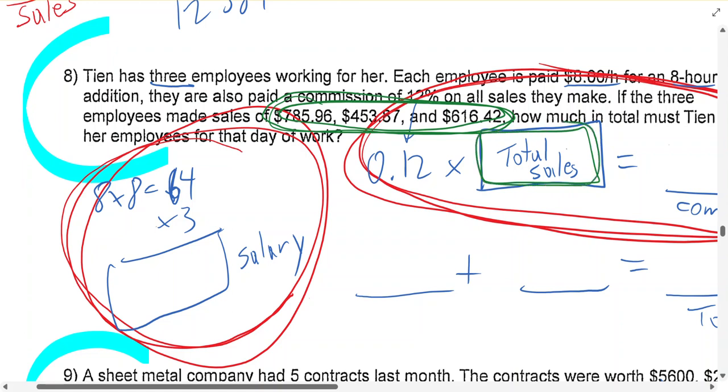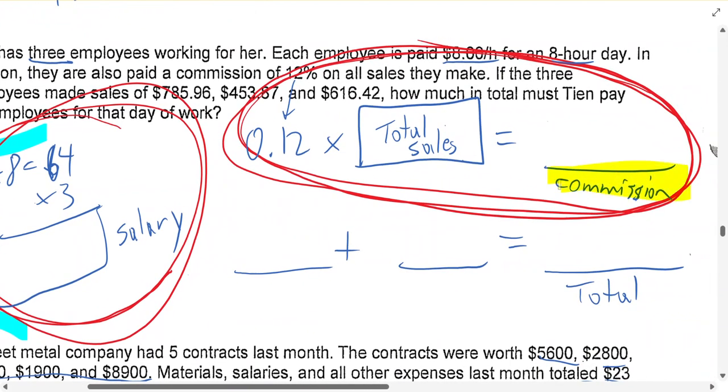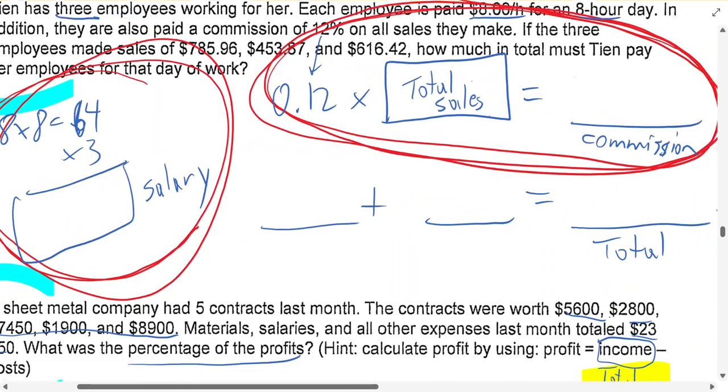Then you're finding 12% of the total sales. 12% must be a decimal, so 12% as a decimal times total sales. Once you find the commission, 12% of total sales, add up salary plus commission, which equals your total income: how much was paid to the employees for that work on that day.